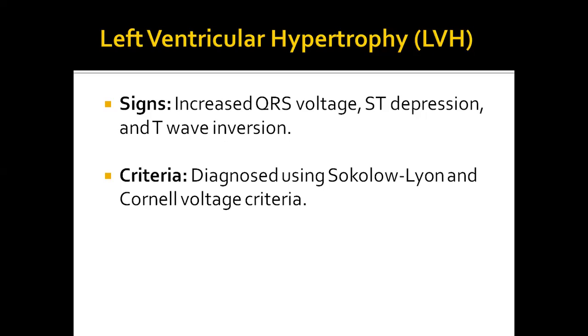Additional findings may include ST segment depression and inverted T waves in lateral leads. Detecting LVH is vital as it often indicates an increased workload on the left ventricle, leading to potential heart failure or arrhythmias.